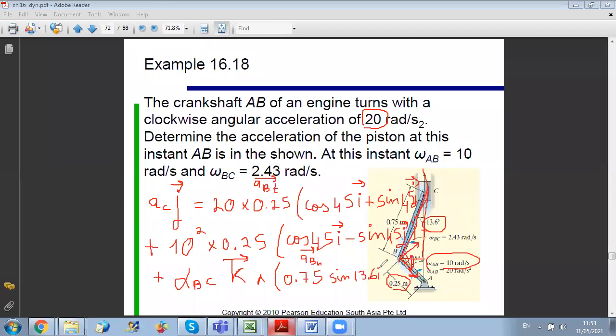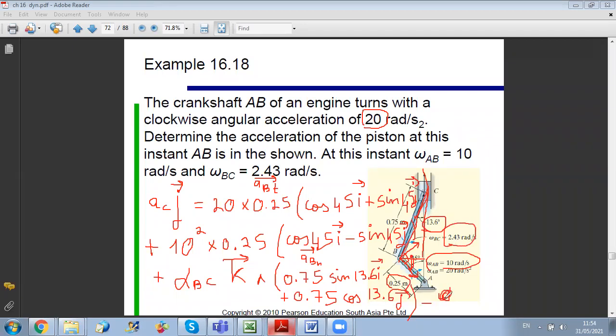And along J, it is plus 0.75 times cosine 13.6 along J. So this is vector BC. And now the last term will be minus omega square BC, which is given, it's 2.43, okay?